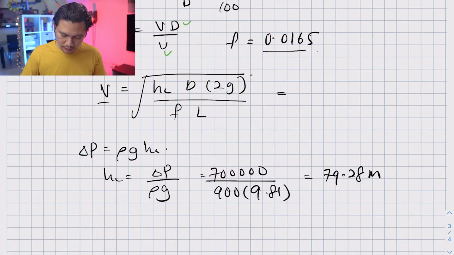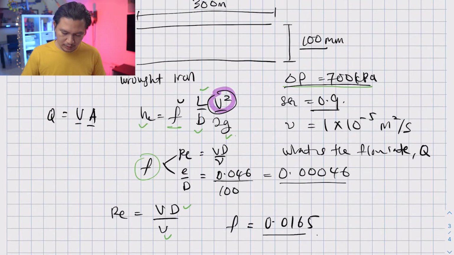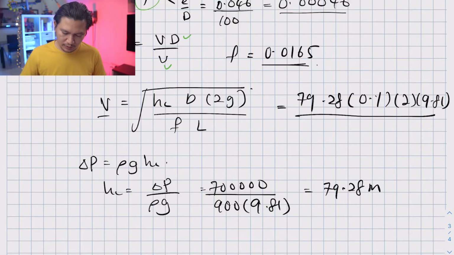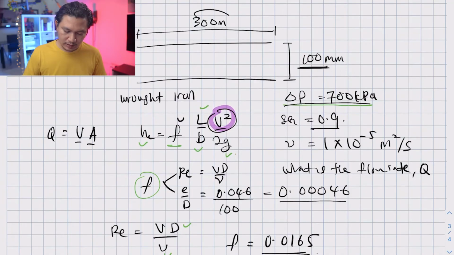Okay, and I'm going to plug this into this equation to find our velocity. So HL, 79.28, times d, the diameter is 100 millimeter, so 0.1, times 2g, this is 9.81, divided by f, our f is 0.0165, divided by L, and our length is 300 meter.